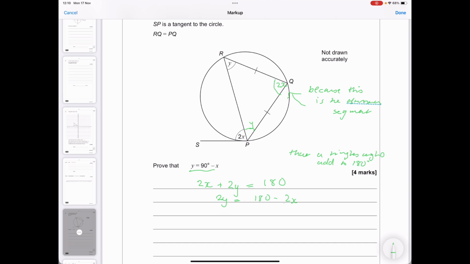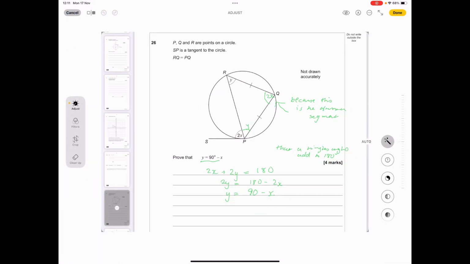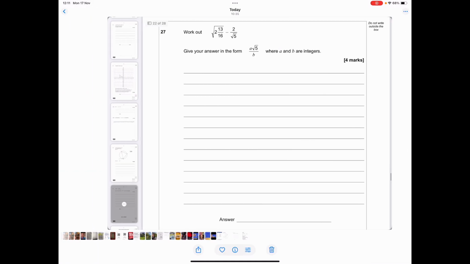Okay, so 2y equals that, and let's divide everything through by 2. So 180 divided by 2 is 90, and 2x divided by 2 is x. And that kind of solves that a little bit too quickly, I suspect, but there we go.